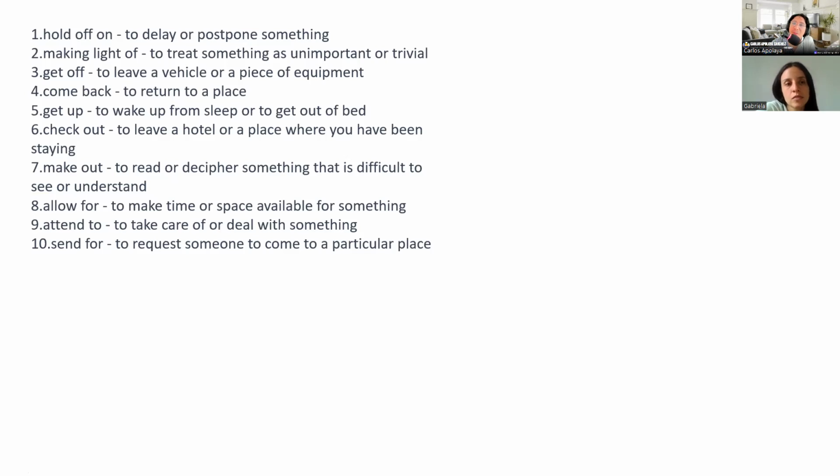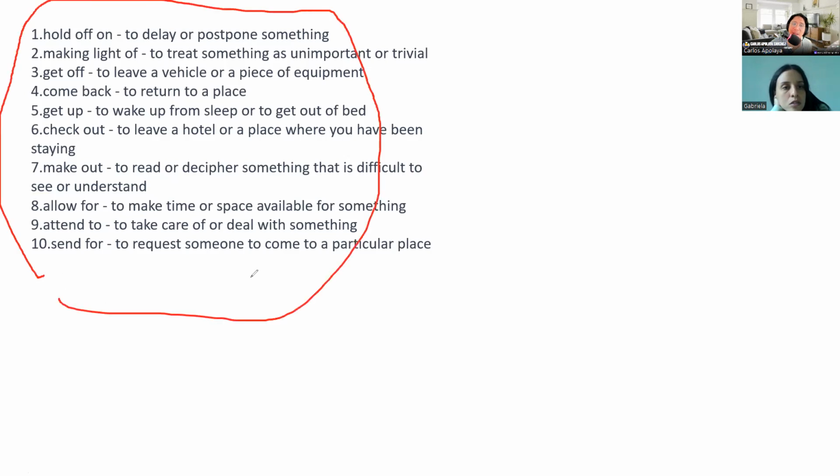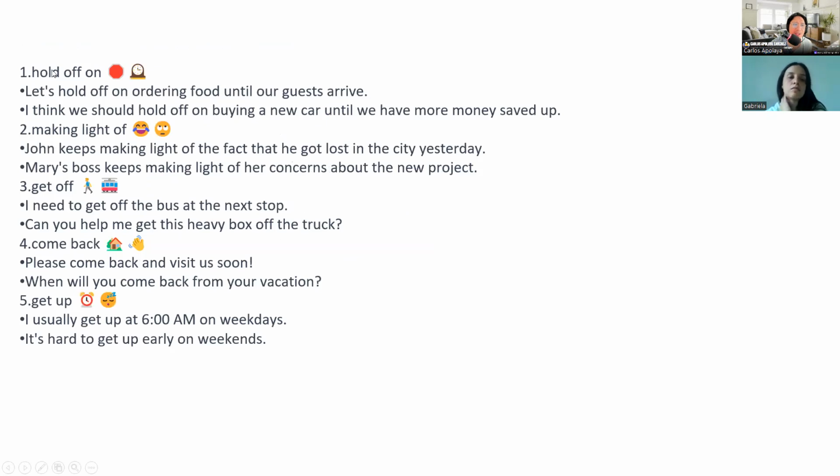Then we have making light of, get off, come back, get up, check out, make out, allow for, attend to, and send for. Focus on this part. Send for means to request someone to come to a particular place. We are going to check these phrasal verbs with some examples.